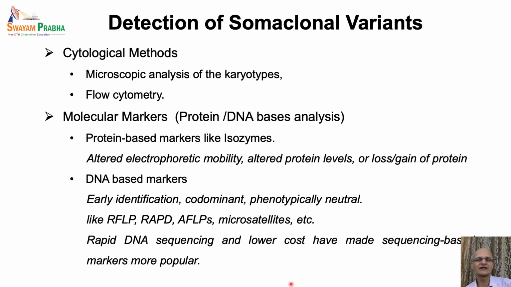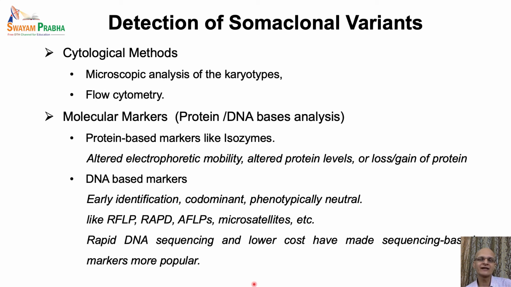Several different kinds of DNA markers are available. In the earlier times, RFLPs, that is restriction fragment length polymorphism, or randomly amplified polymorphic DNA markers, or amplified fragment length polymorphism markers, or the analysis of microsatellites were more popular.